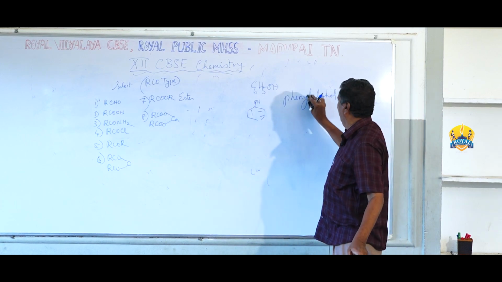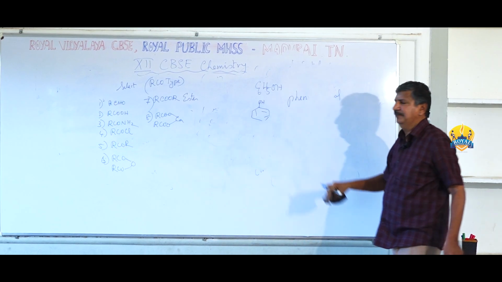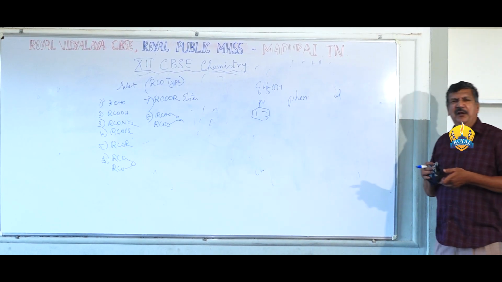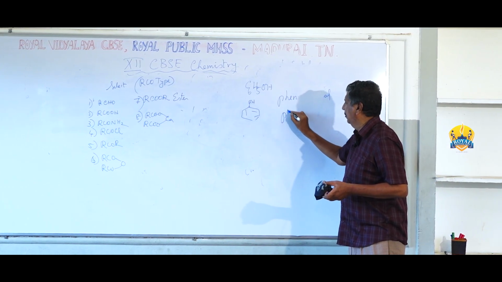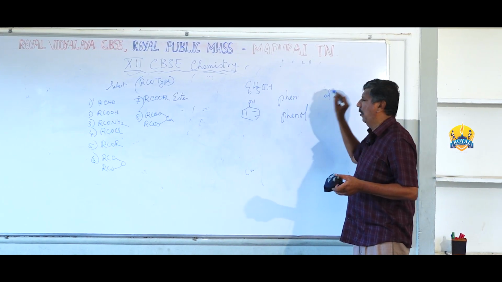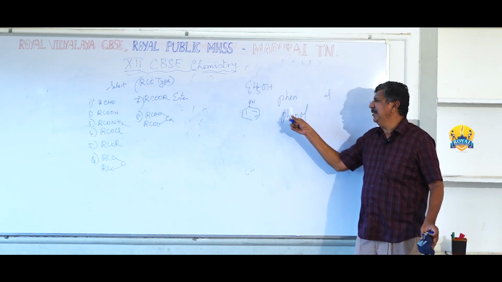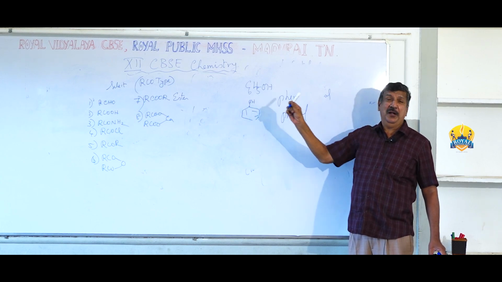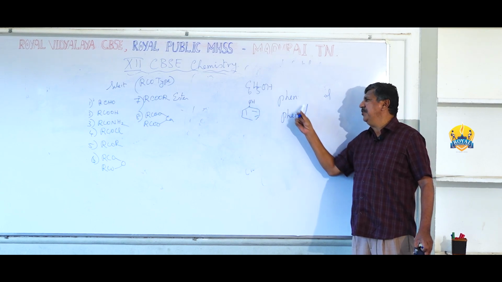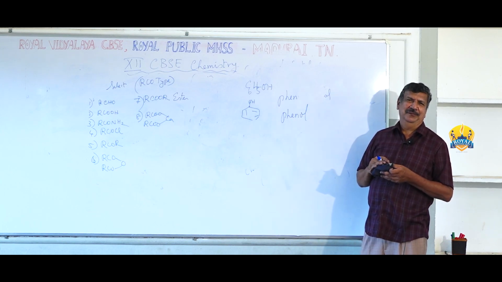What they have done, you see, is remove these letters and merge this letter to form phenol. Phen means phenyl group, OL means OH group, not alcohol. So this is phenol.